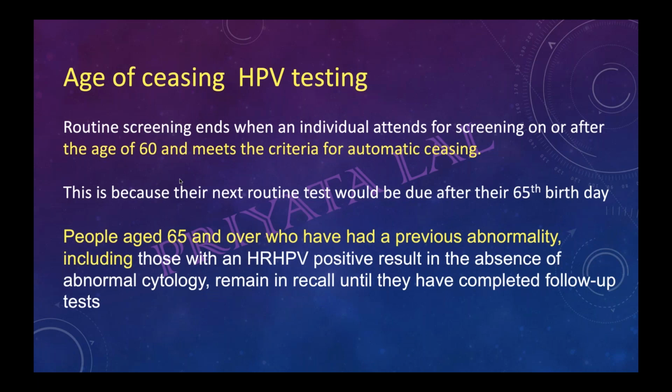Because if somebody is coming at 60, according to the 5 years policy, the next will be due after the 65th birthday, and according to the schedule, 65 years of age is the cessation of screening. But if somebody is coming for screening at 58, for example, it will not be her last.